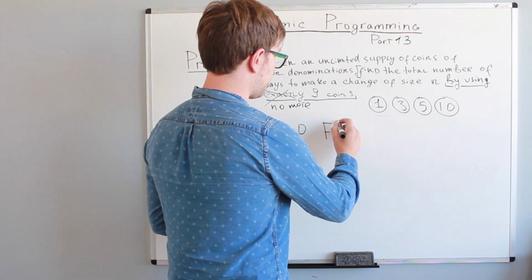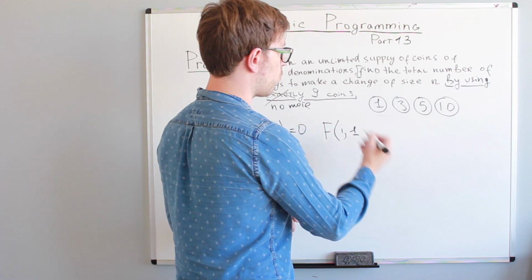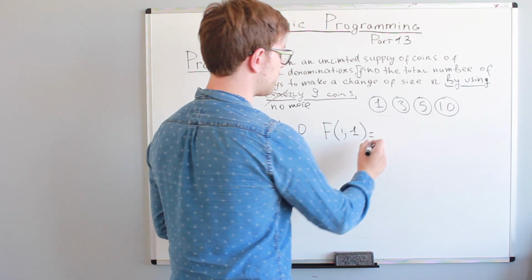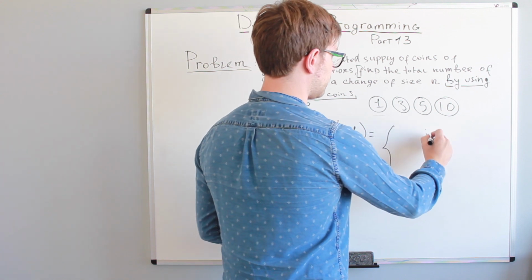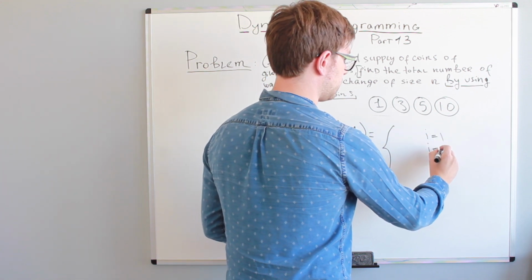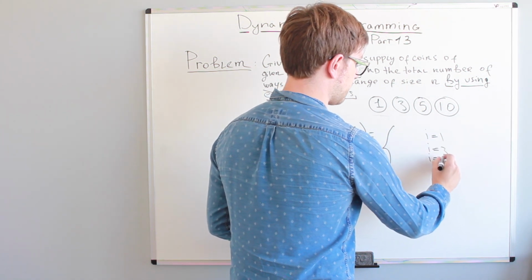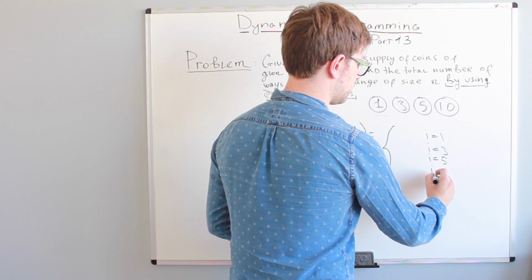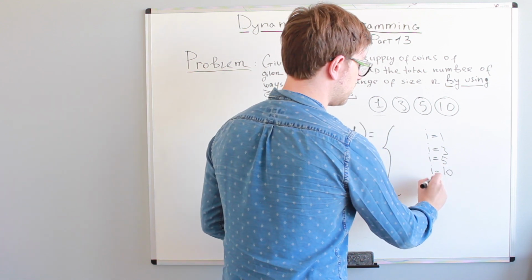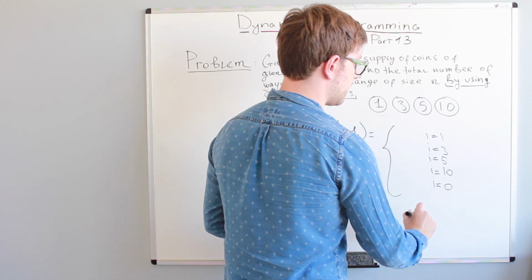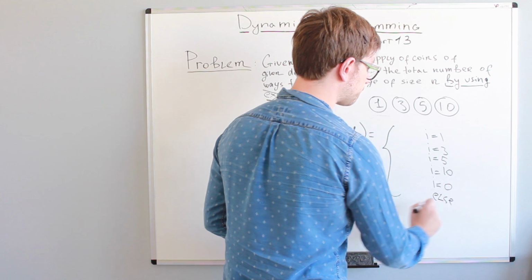What about f of I and then by using no more than 1 coin? Again, let's review multiple cases. So when I equals to 1, I equals to 3, I equals to 5, I equals to 10, then let's also review I equals to 0, and then otherwise, all the other use cases.